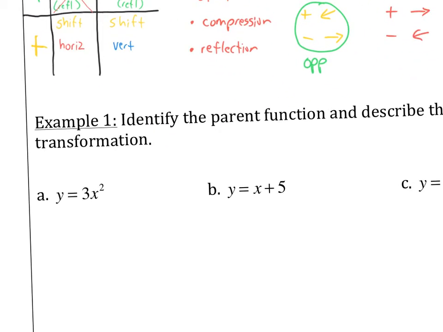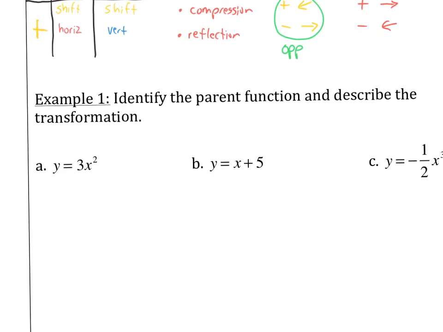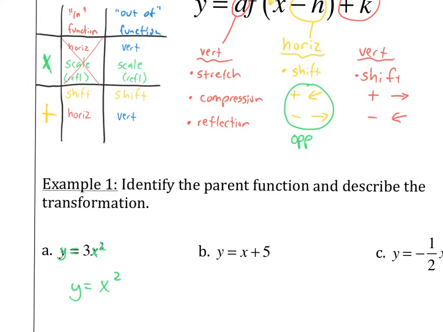So let's practice a little bit. We want to identify the parent function and then describe the transformation. So the parent function is this. Y equals, I'm going to ignore the 3 and just say x squared. Y equals x squared. So what's happening here? Well, I see that there is a multiply by 3.